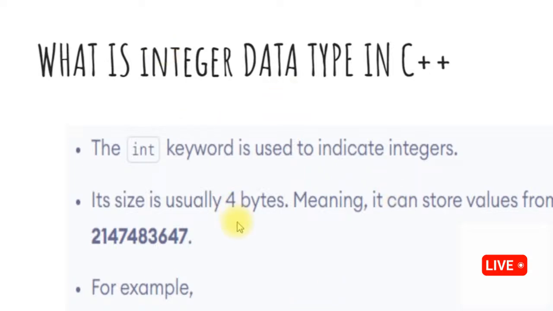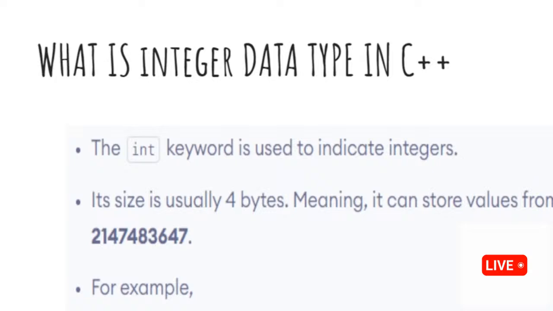Now the important thing is the size of this variable that you declare. You can make another integer type variable, let's say int xyz. The size for an integer type variable will be 4 bytes, meaning we can store values from negative of this number to this 2147... So this is the entire range of values that we can store inside our integer type variable.